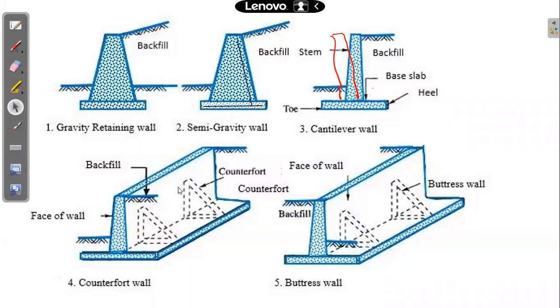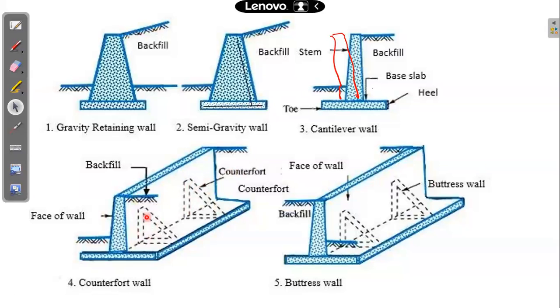When the vertical height of the wall is too large, it becomes very uneconomical and not feasible to design it as a cantilever retaining wall. So instead, we adopt such intermediate supports in the form of counterforts to change the behavior, and this type of retaining wall is much more economical compared with the cantilever type. So that is the purpose of providing counterforts for the retaining wall.